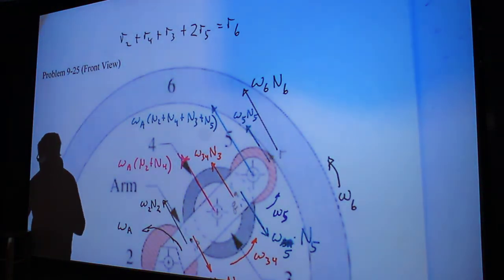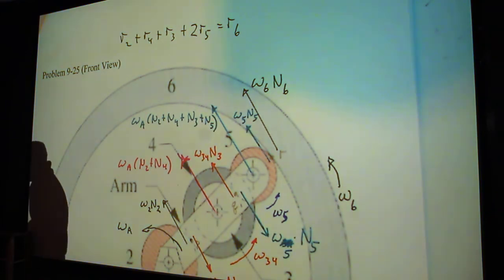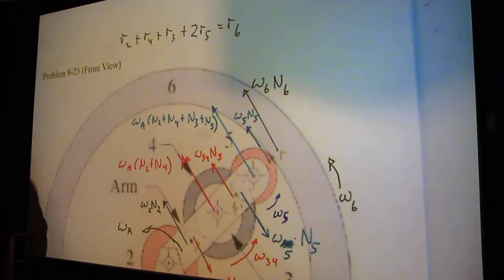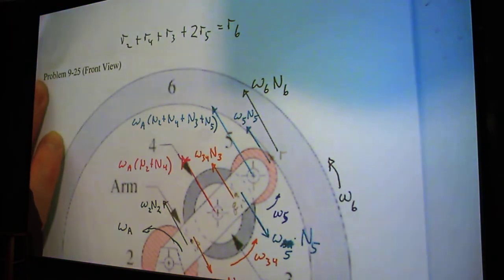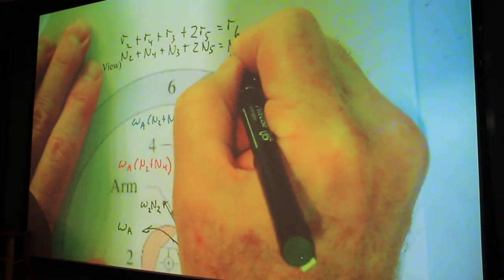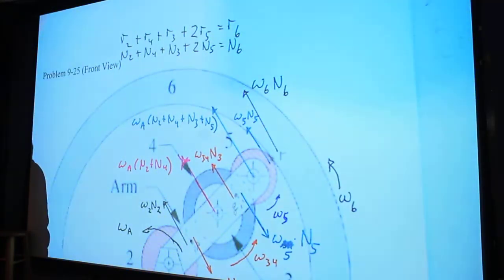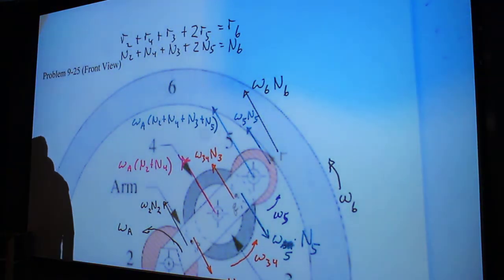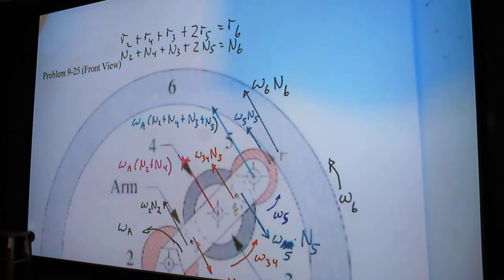In order for everything to go together, it has to equal R6. So on that, I can say that N2 plus N4 plus N3 plus 2 times N5 equals N6. Okay? So those tooth counts need to add up to each other too.